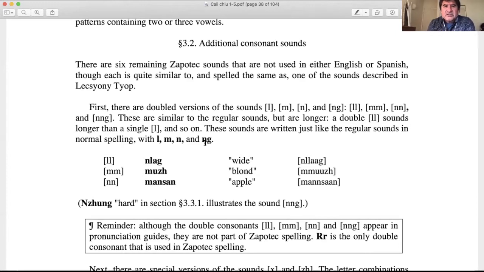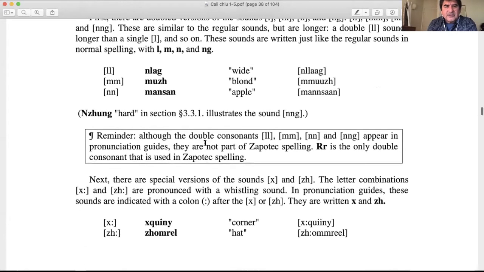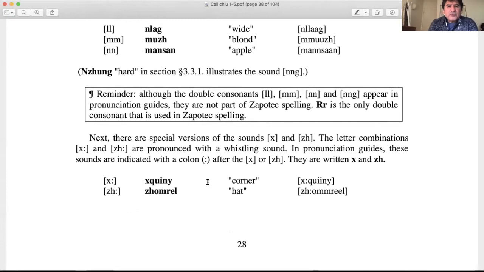But as I said, since you are going to be looking at some of these words in this section that we're going to be talking about, I just wanted you to be aware that you'll find double consonants represented on the pronunciation brackets.